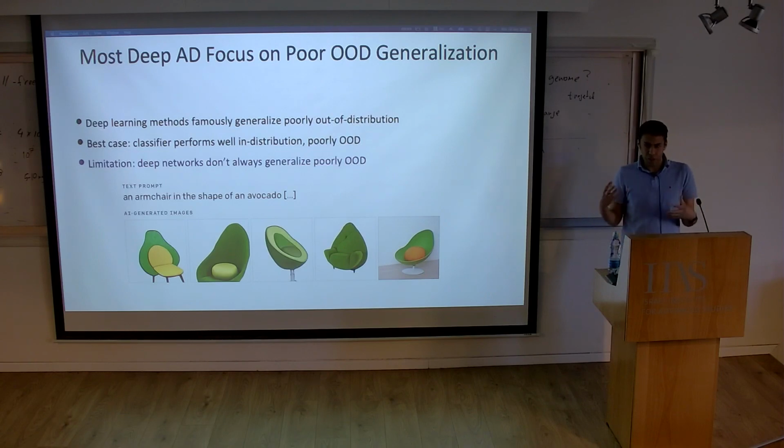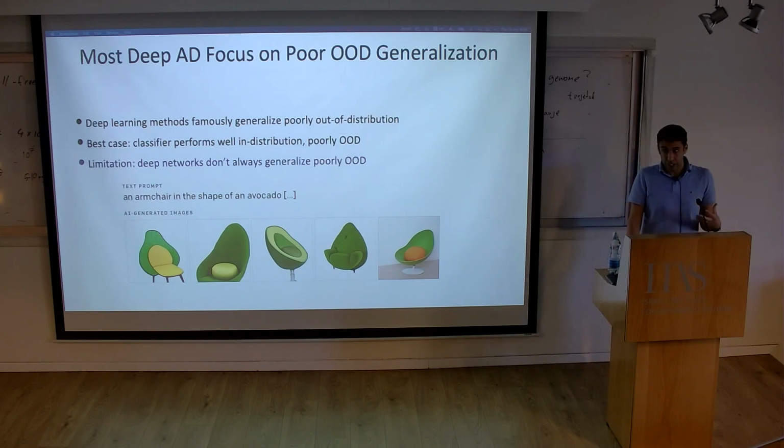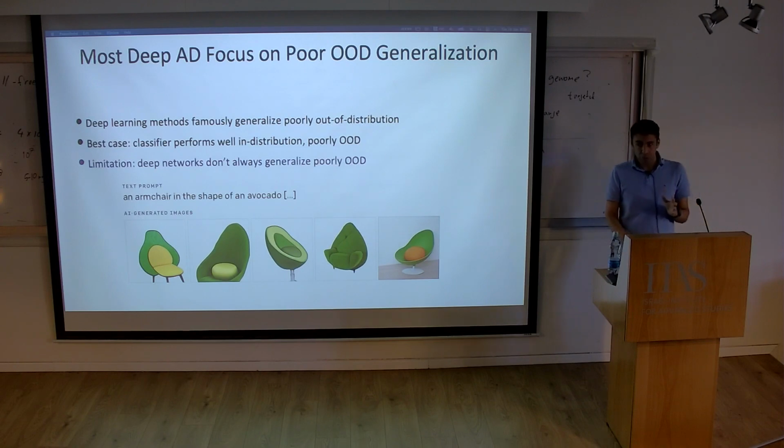Now we have Stable Diffusion, which works a little better. And we can see that it generalizes quite nicely out of distribution. If we ask it to give us a chair in the shape of an avocado, which it probably never saw before, it's able to generalize quite nicely. So betting against deep learning's ability to generalize is kind of a scary thing to do. I think that's one of the main reasons why out-of-distribution generalization methods are typically not the state of the art right now.